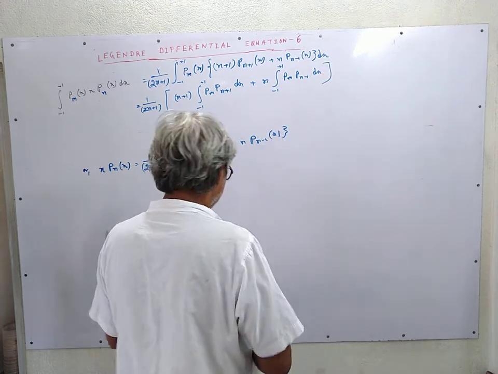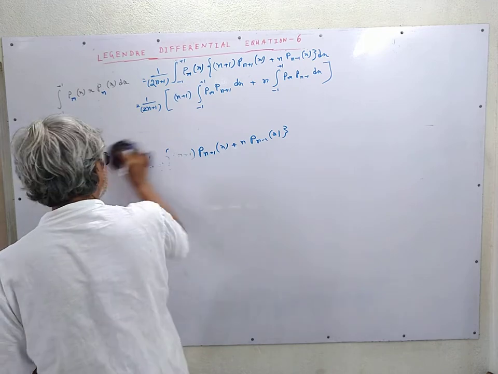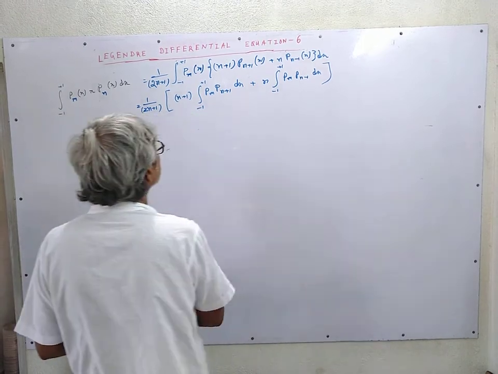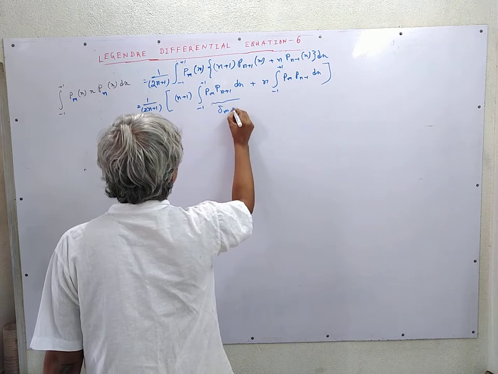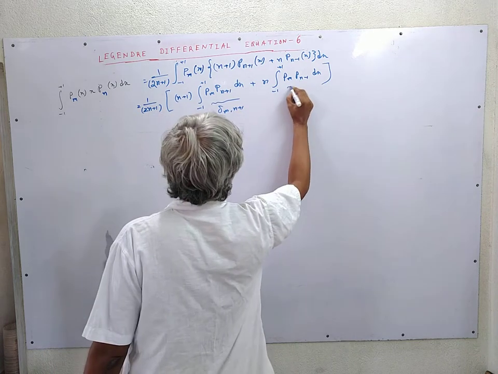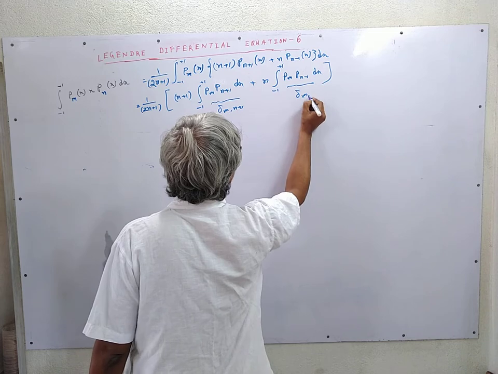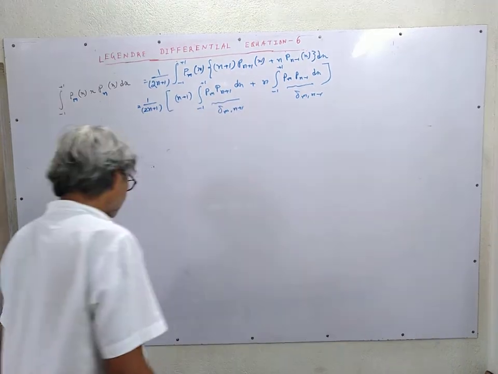These are the two terms. Now the first integral on the right contributes when m is equal to n plus 1, and the second contributes when m is equal to n minus 1.